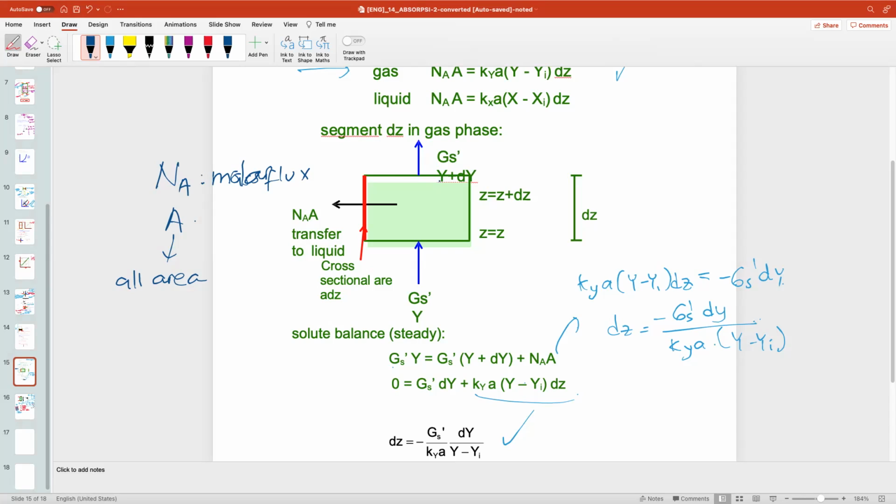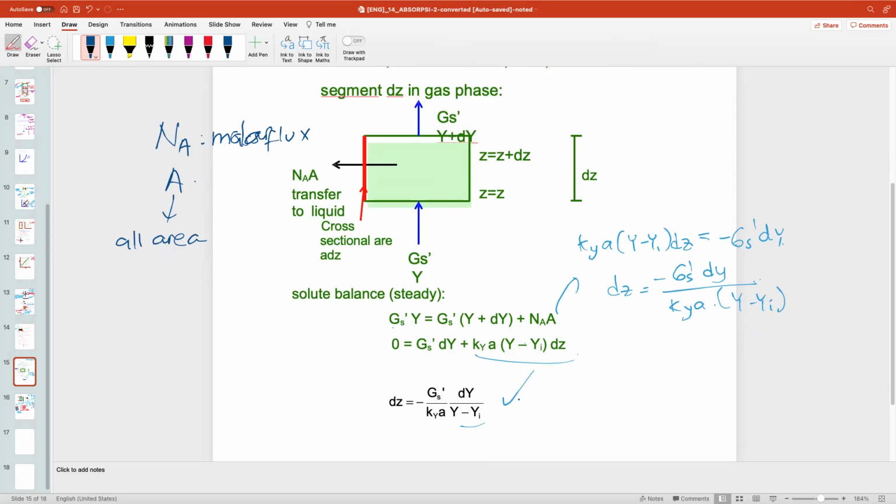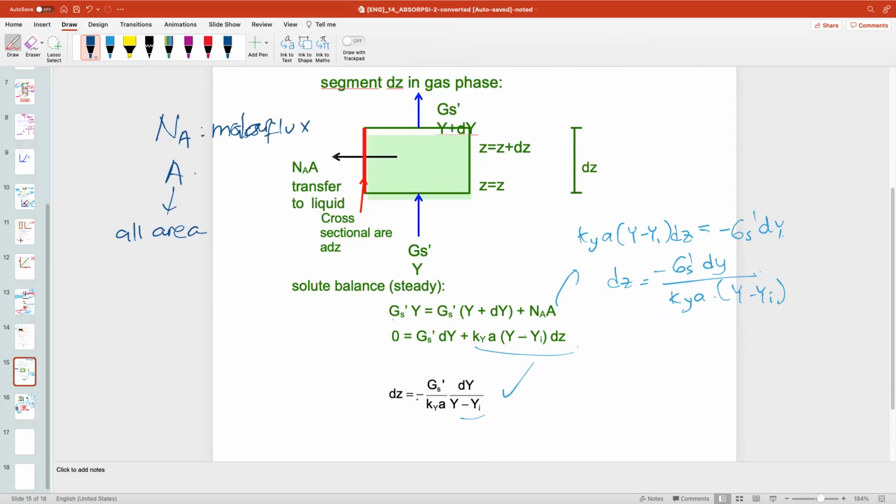The Y plus dY is the mole ratio at the height of Z equal to Z plus dZ. By rearranging the equation, we find that dV is equal to minus GS' divided by KYa, multiplied with dY over Y minus Yi.